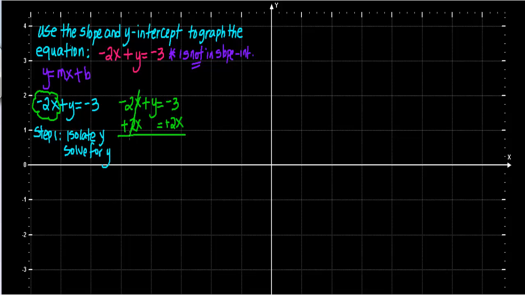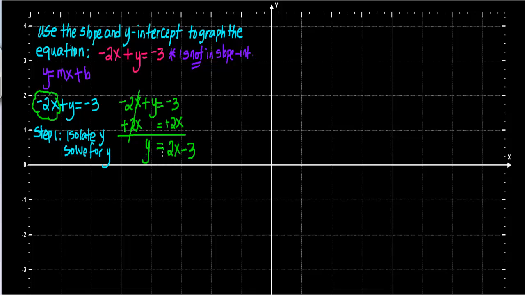This cancels out. This becomes 0. I've been able to leave y alone on this side. And on the other side, I'm left with 2x minus 3. I can't add these together or subtract them because they are not like terms.